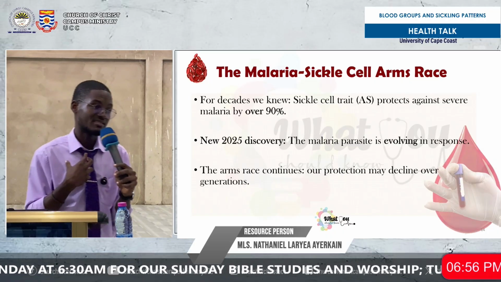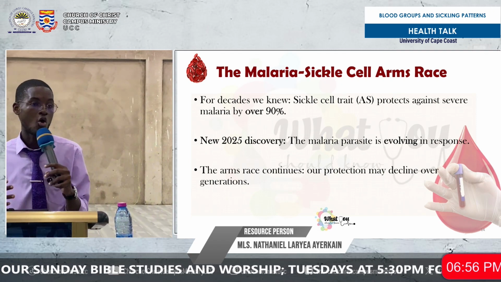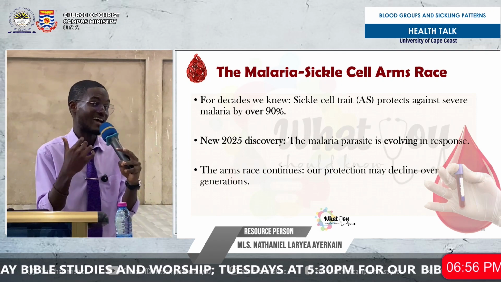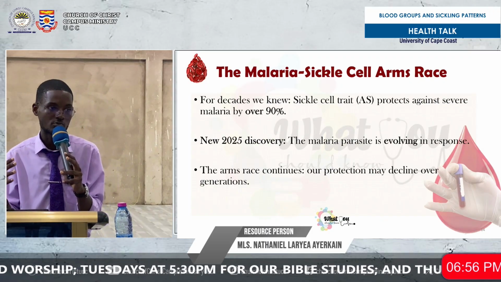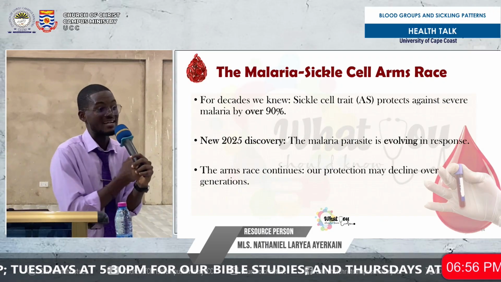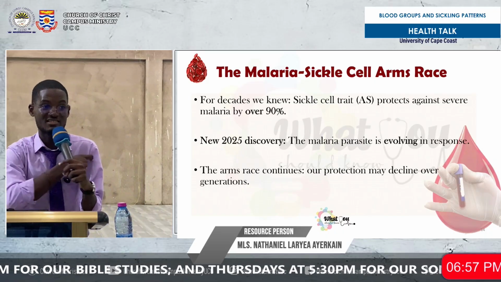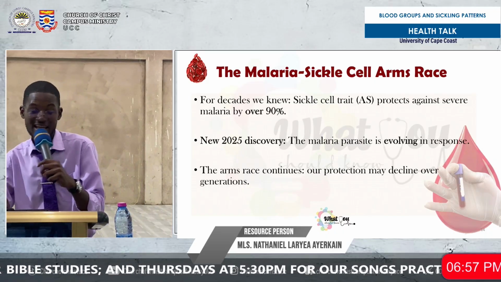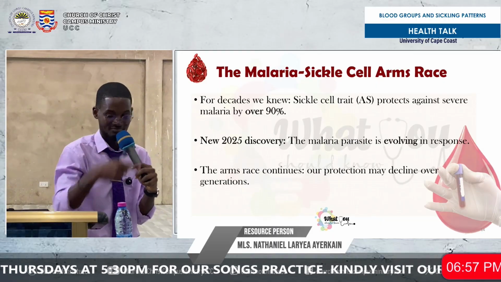So a person who is AS, even if asymptomatic, not showing symptoms of malaria, or the malaria is not affecting him or her the way it's supposed to, if a mosquito bites that person, it carries the gametocyte phase of the parasite, and comes to bite you, it will be very severe.